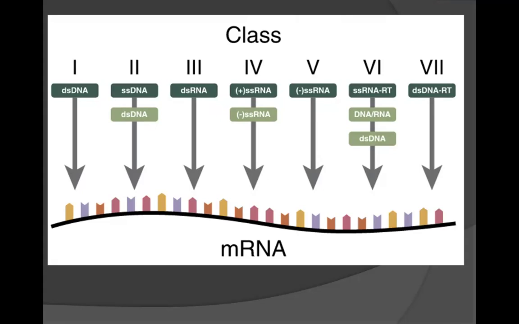However, when you have a positive RNA molecule, it will have to be converted to a negative RNA, which will then be used as a template for mRNA. Note that the overall goal of all of these classification groupings for viruses is to create an mRNA molecule. This mRNA molecule will then allow for the host cell to produce more viral particles.